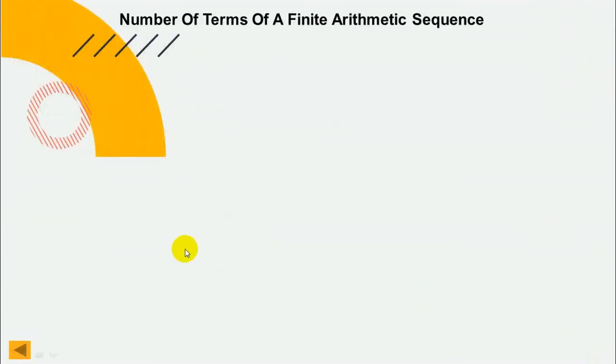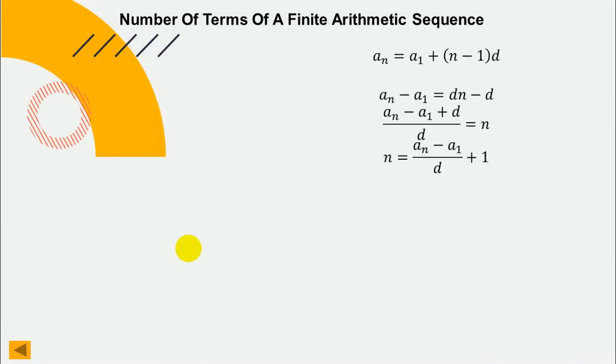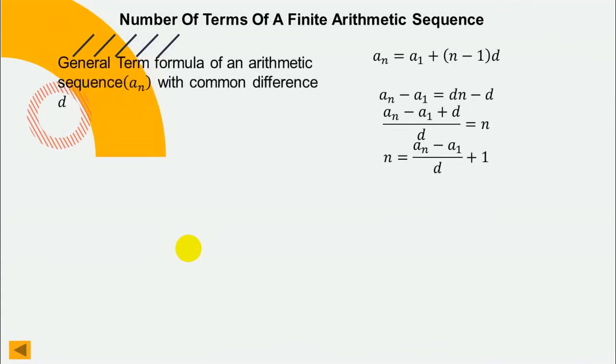Okay, now we have the number of terms of a finite arithmetic sequence. In here we have the general term a_n equals the first term plus (n minus 1) times d, right? So from here, we simplify this to be a_n minus the first term equals dn minus d, because we are curious about the number of terms.